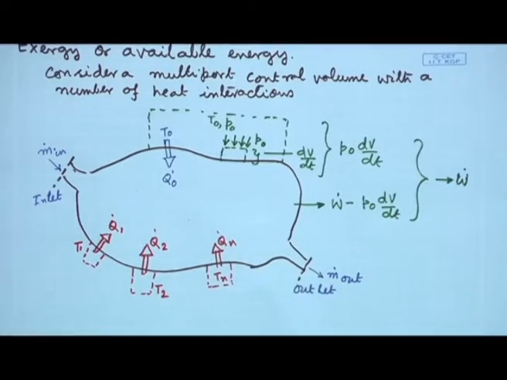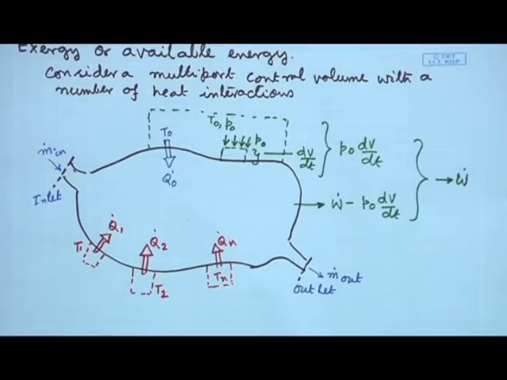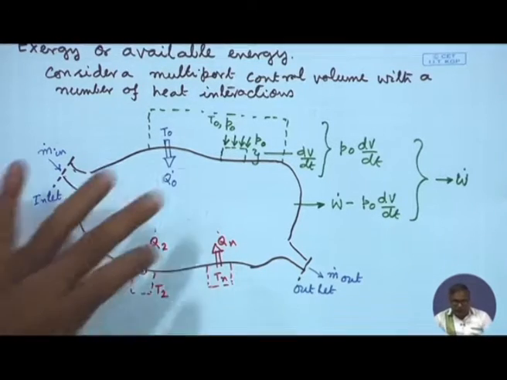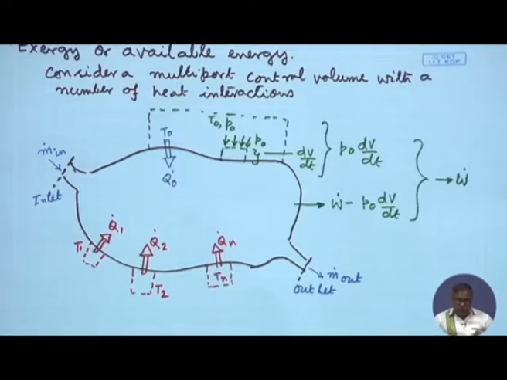So, this is my control volume for analysis. Some mass is entering; though I have shown one port of inlet and one port of outlet, really there are multiple ports of inlet and outlet, and there are a number of places where heat interaction is happening, and part of the control volume is interacting with the ambient.